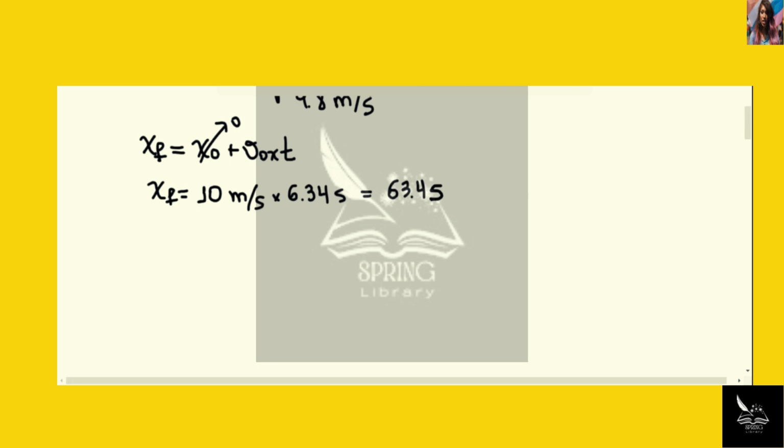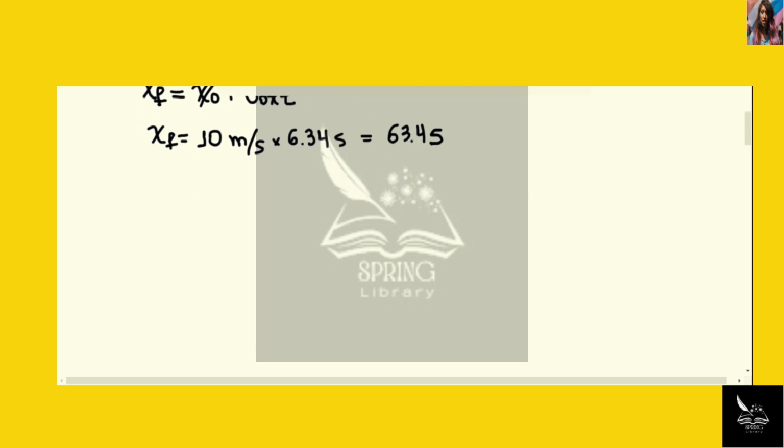I'm sorry, of course, here shouldn't be seconds. It should be meters. So the final y-coordinate of the rat is minus 197, and the final x-coordinate of the rat is 63.4 meters.